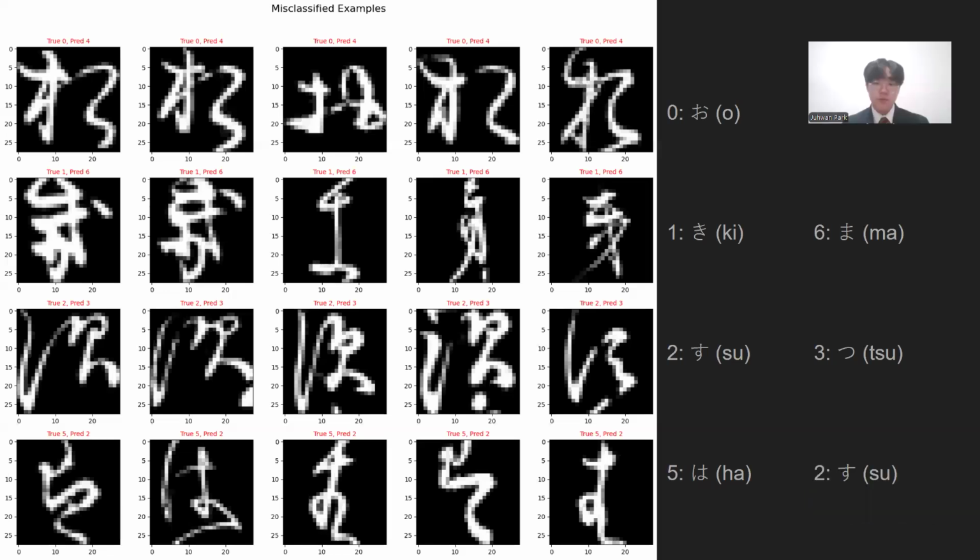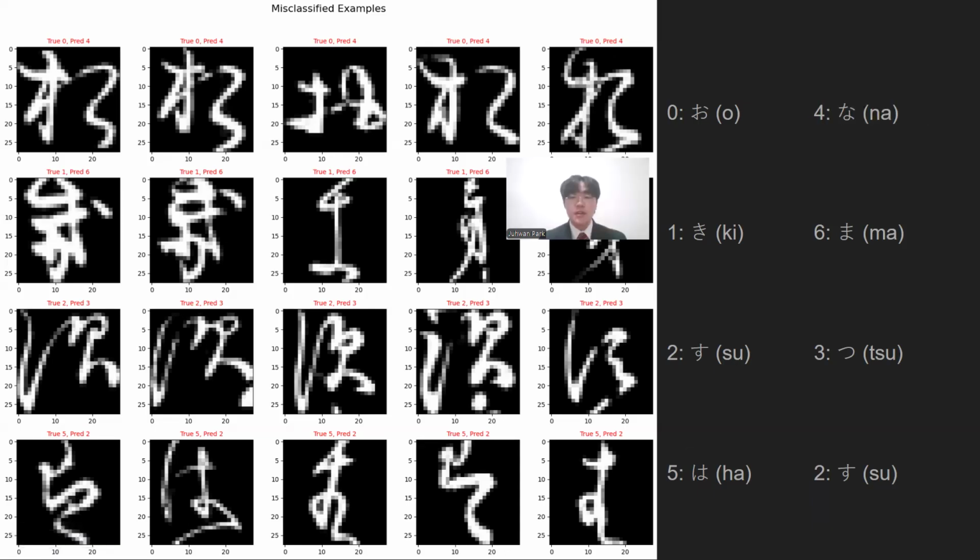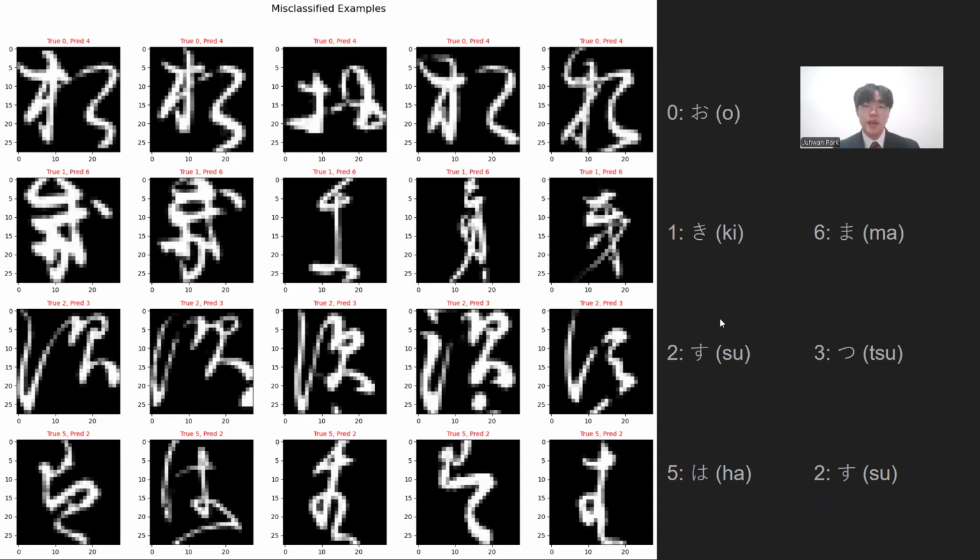The third row shows us images of class 2 mispredicted as class 3, and the last row being images of class 5 misrepresented as class 2. Again, we can also see that the hiragana characters are somewhat similar, which gives us an understanding of why the model may have mispredicted, because they have similar features as well.